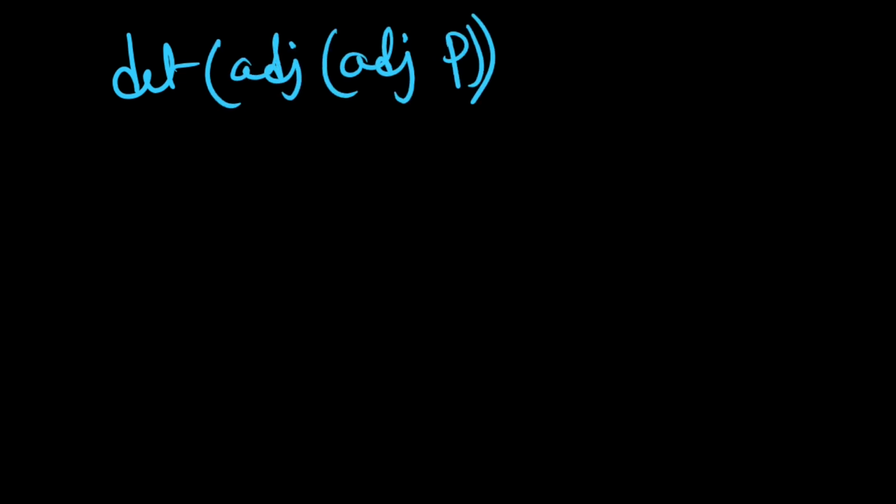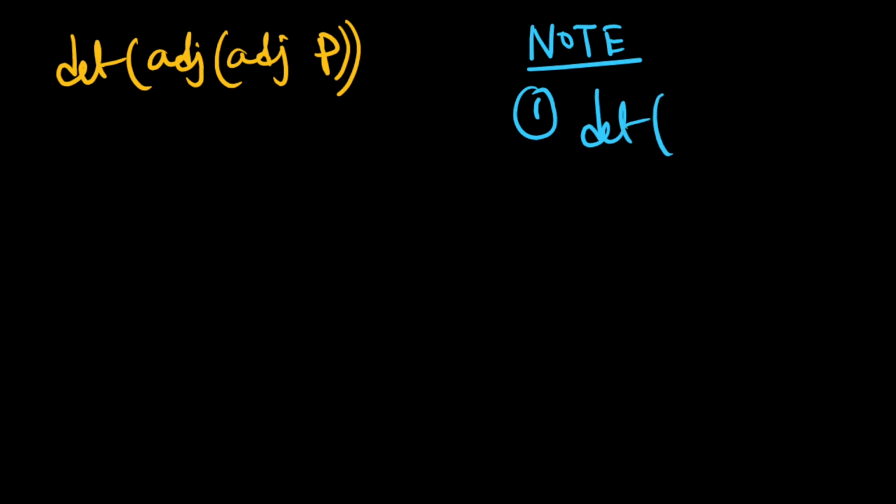So first we write a note, a formula, for the determinant of adjoint of any matrix A. Suppose A is a square matrix n cross n.